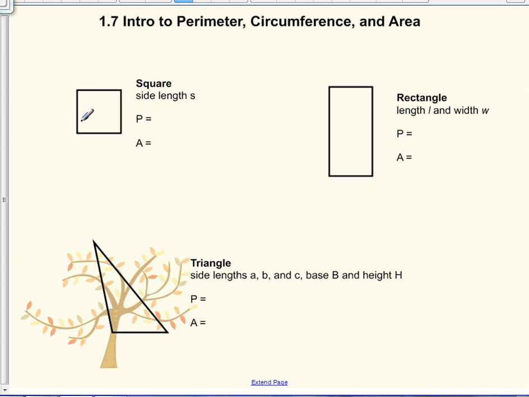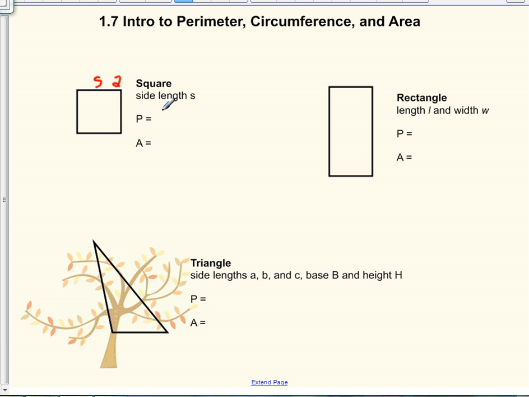So perimeter is just adding up all the different side lengths. In this case, in a square, we have side length S, okay, it says right there. Now, in a square, we know that all the sides are the same length. So if we know that, for instance, this is 2, this will be 2, this will be 2, as well as this.